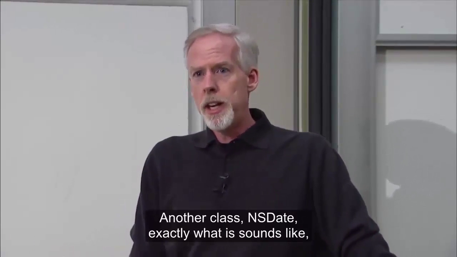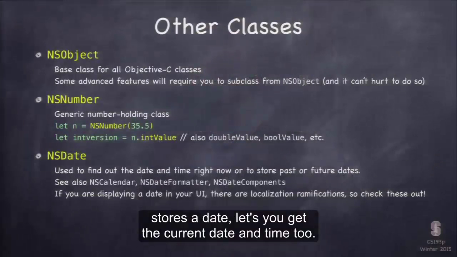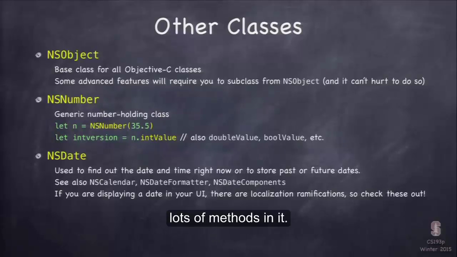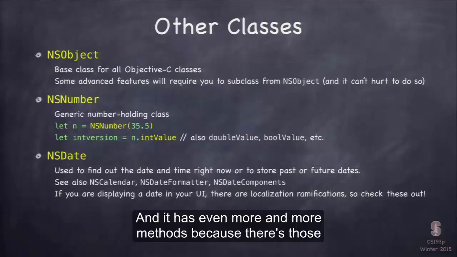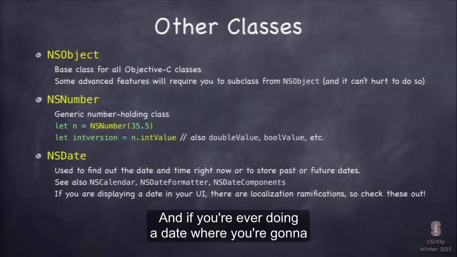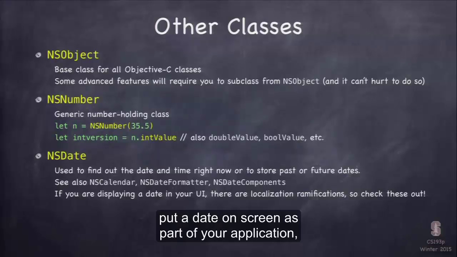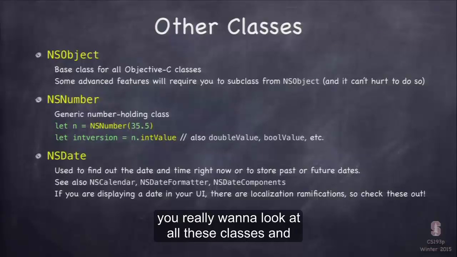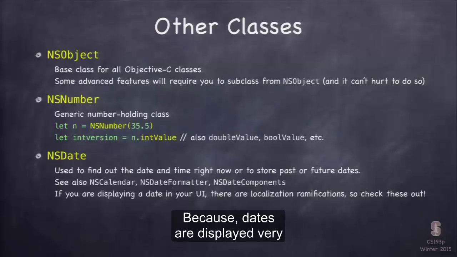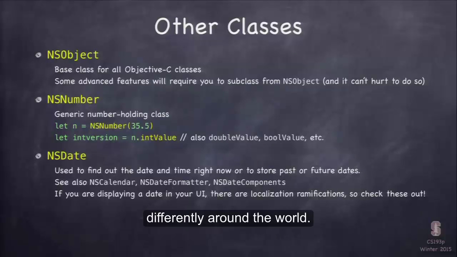Now the class NSDate. Exactly what it sounds like. Stores a date, lets you get the current date and time too. Pretty self-explanatory, has lots and lots of methods in it. And it has even more methods because there are those 3 other classes mentioned here: Calendar, DateFormatter, and DateComponents. If you're ever going to put a date on screen as part of your application, you really want to look at all these classes and read the documentation that talks about dates, because dates are displayed very differently around the world.